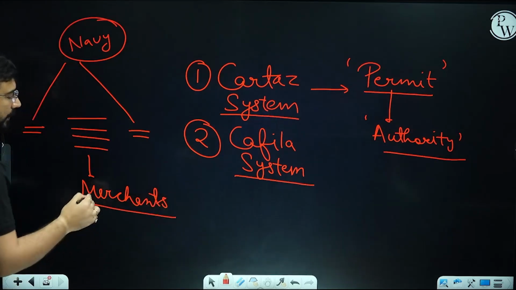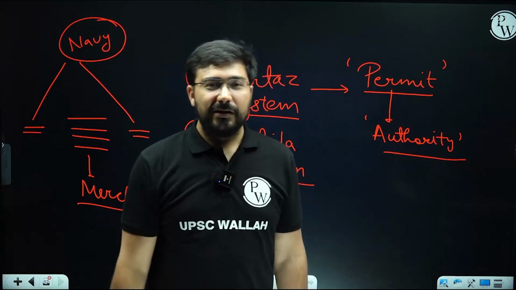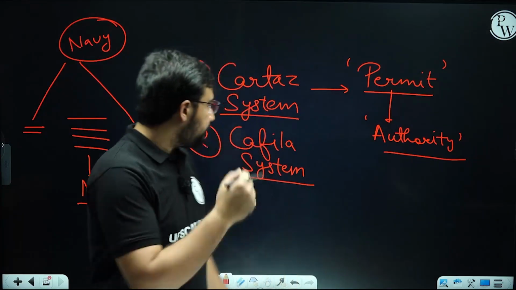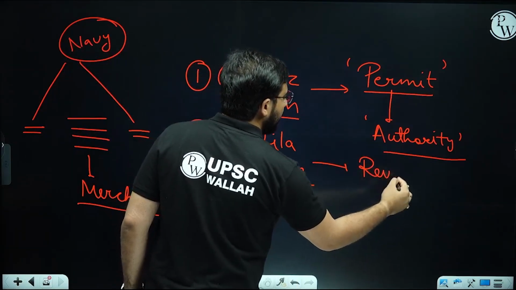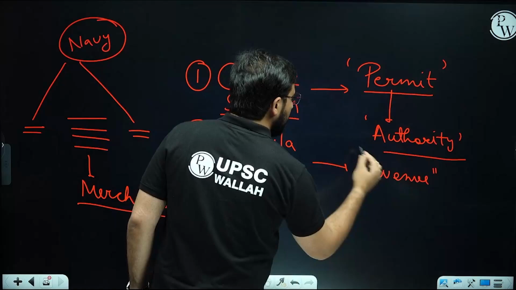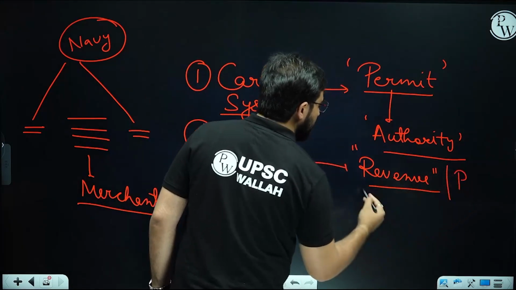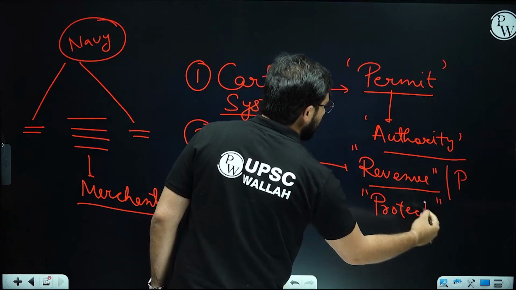There were two benefits of this. For the merchants, it provided safety from the pirates, like Captain Jack Sparrow, right? And from the side of the Portuguese, they were going to get revenue. So this ensured revenue for the Portuguese and protection for the merchants.